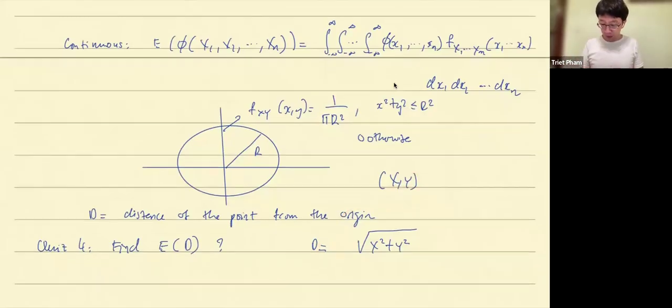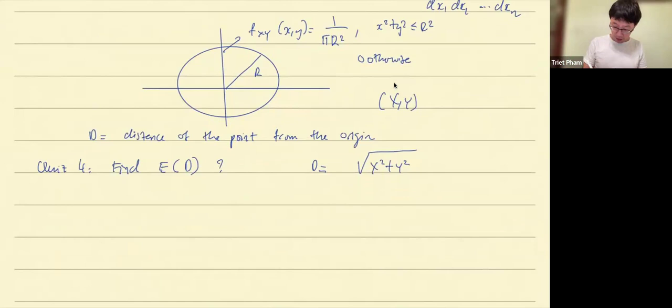This is one way. And so the expectation of D is just the integral over the circle, because that's the support, of the square root of x squared plus y squared, times 1 over pi R squared, dx dy.